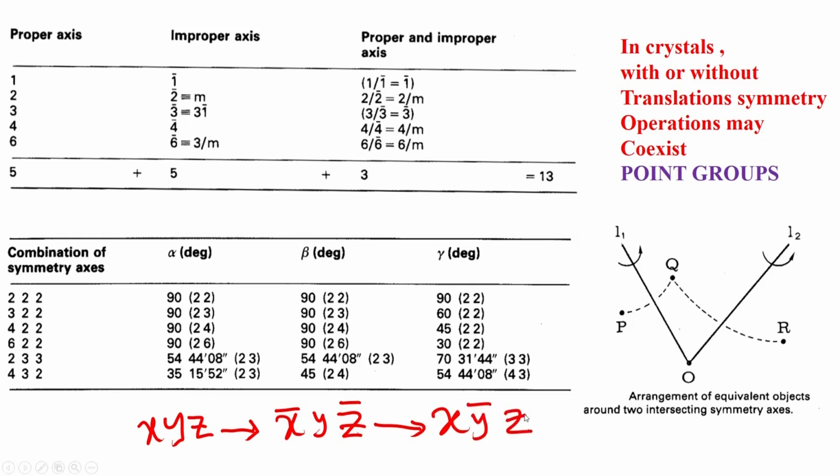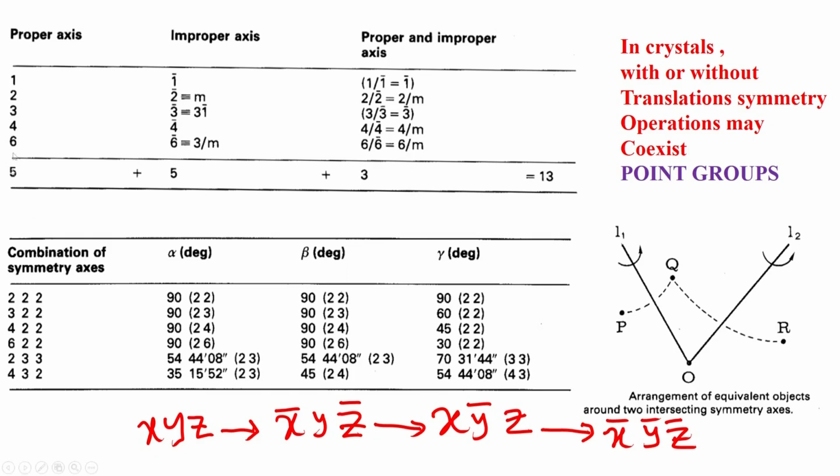So, we call minus y as y bar, and then we operate the inversion center. So, we operated the twofold axis, we operated the mirror. Now, we can operate the inversion center. Inversion center is also operated on the original x y z. So, you will get minus x minus y minus z. So, the number of equivalent points has doubled.